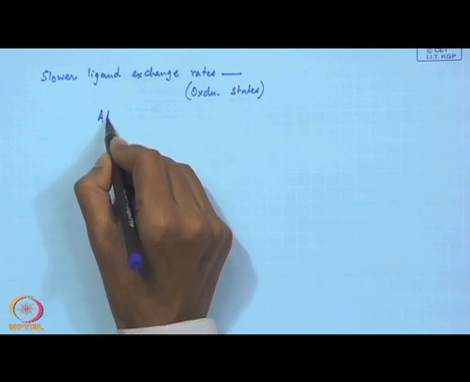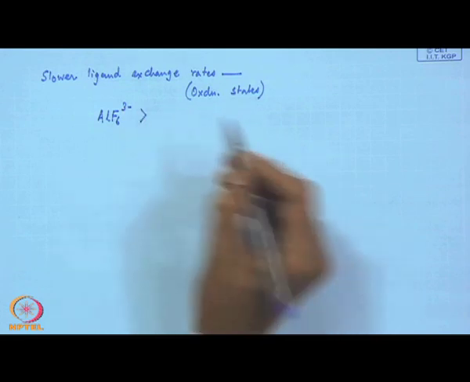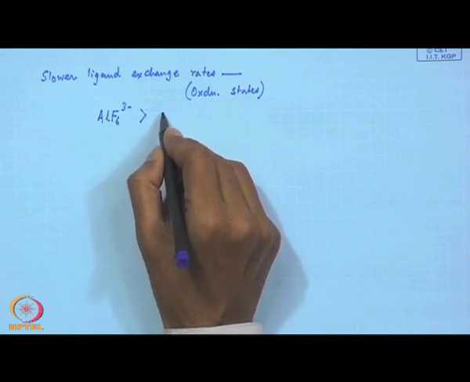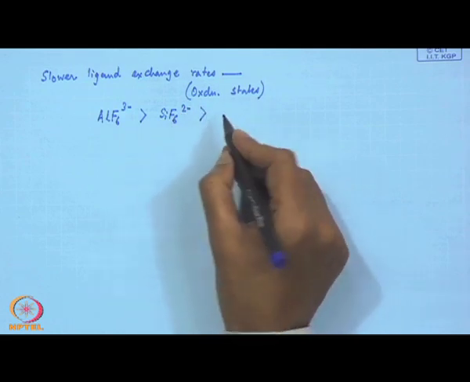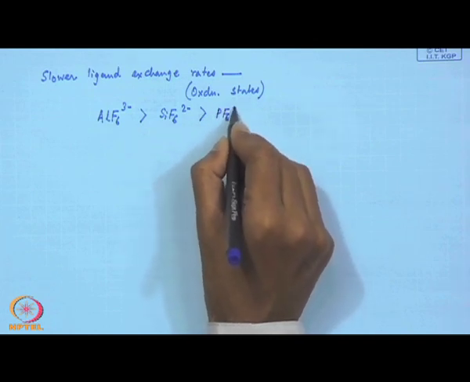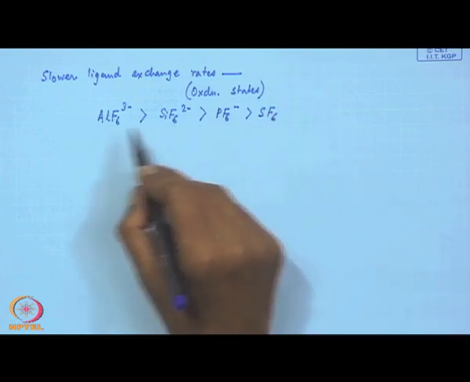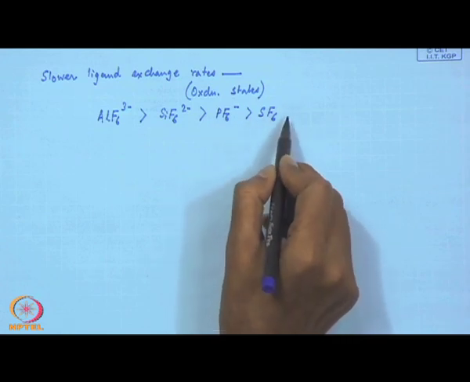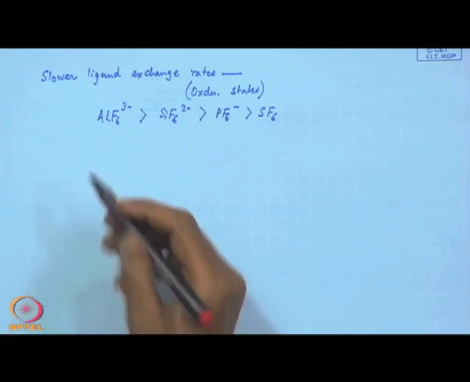If it is dependent simply on the oxidation state, the rate of the reaction is greater for hexafluoroaluminate than for SiF6 2 minus, where the oxidation state is different, then PF6 minus, which is greater than SF6, with oxidation states 6, 5, 4, 3. So, where we have the higher oxidation state, the corresponding rate is also slow.